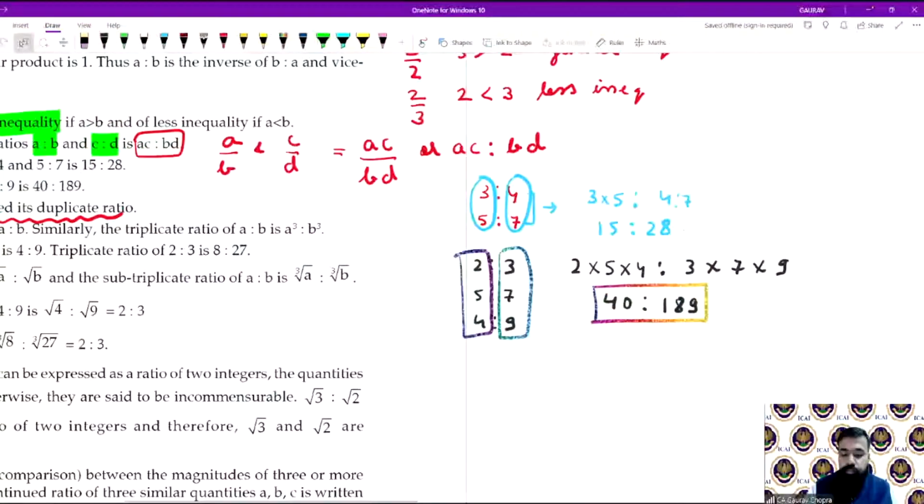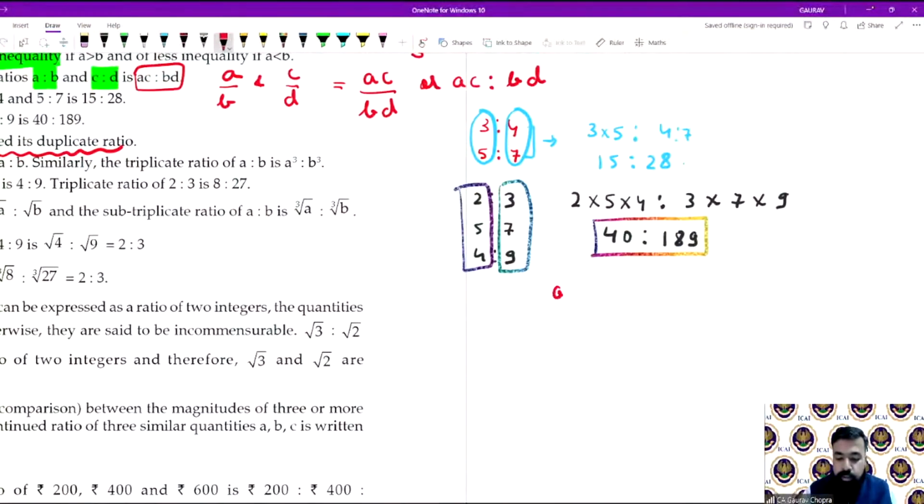For example, if A is to B is the ratio, and we have to find the duplicate ratio, just make the compounding of itself. That means A multiplied by A, it becomes A square. B multiplied by B, it becomes B square. This is known as duplicate ratio.